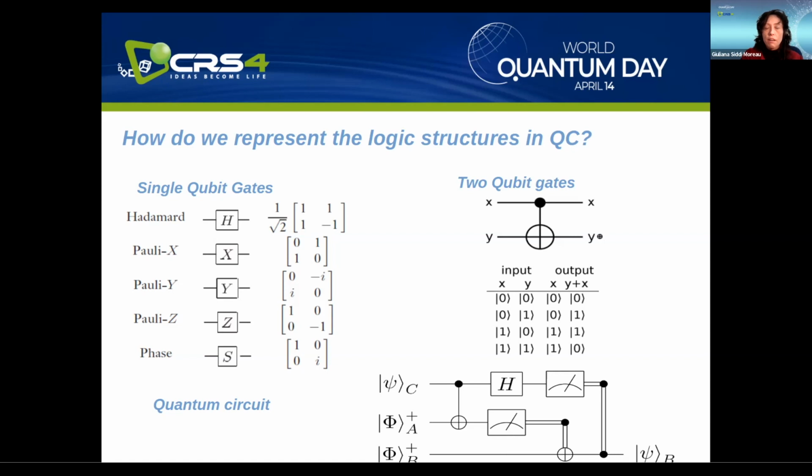Single qubit gates are unitary quantum operations on single qubits that can be represented as rotations in the Bloch sphere we saw before. 2-qubit gates are unitary quantum operations on 2 qubits. When this gate cannot be written as a product of 2 single qubit gates, they are called entangling gates, and they exploit entanglement to create strong correlation between qubit states.